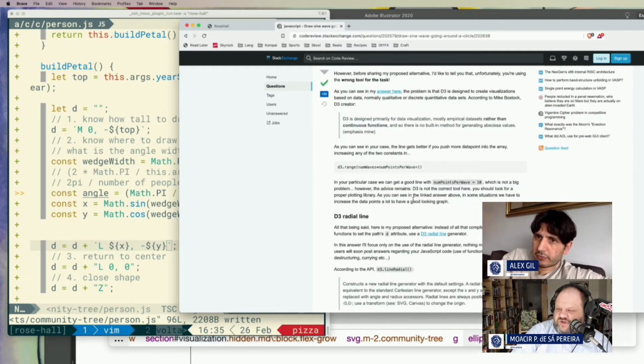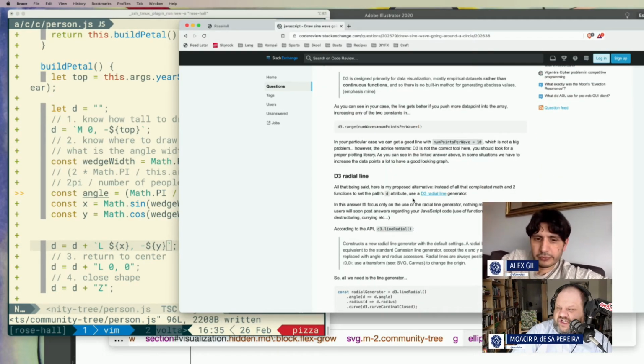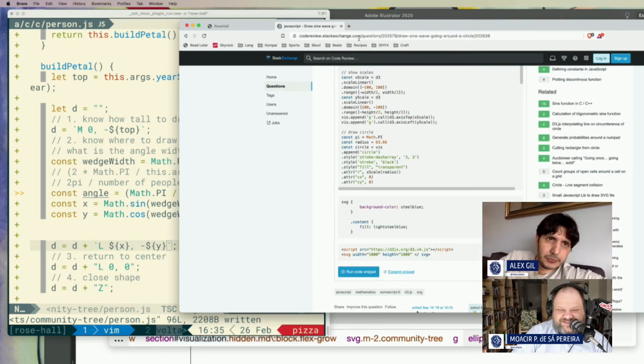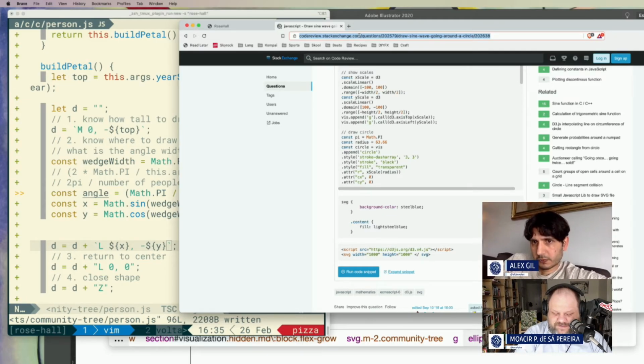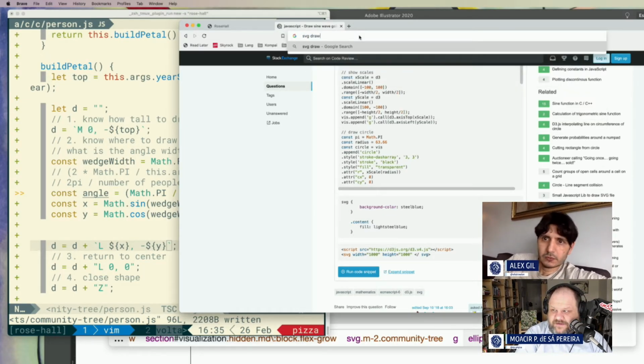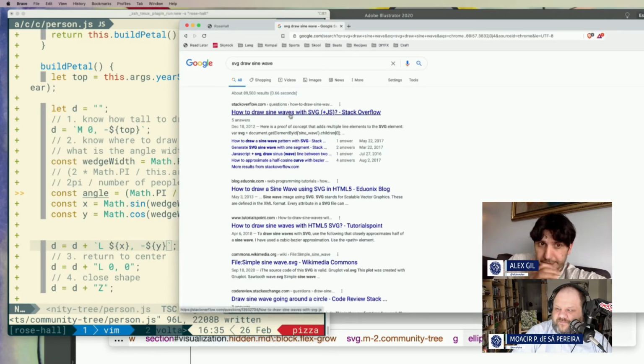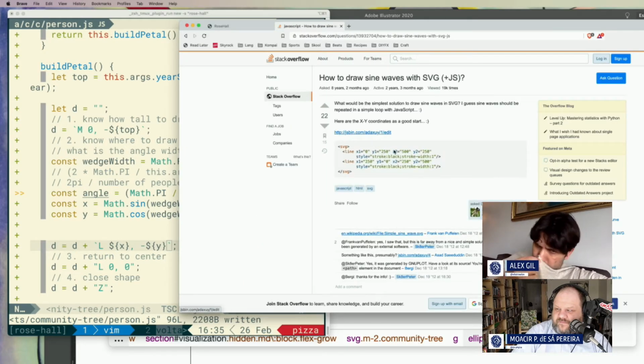All right. So the suggestion here is not to use D3 to draw a sine wave. Google Bezier curves.